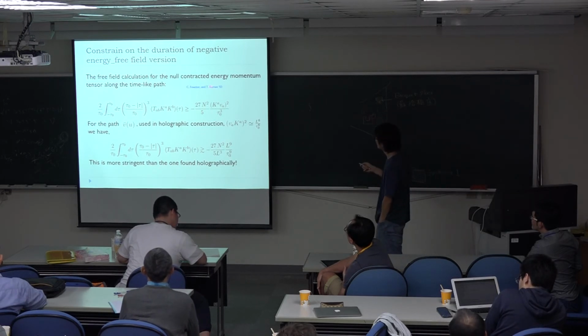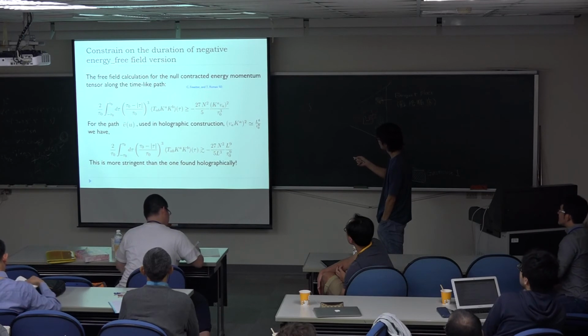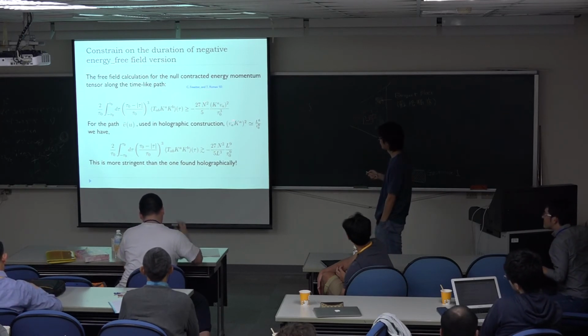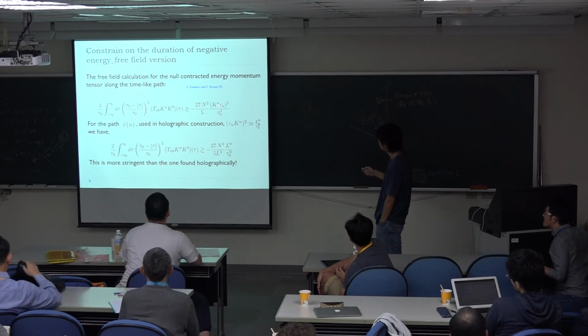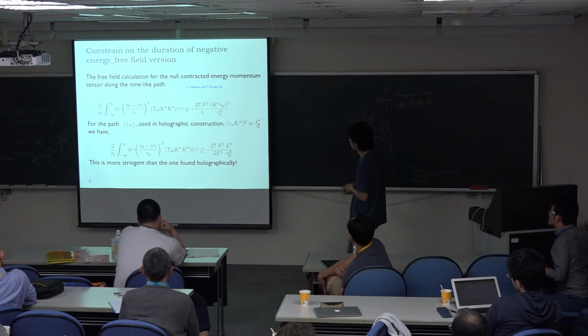It turns out that people also study this kind of null contracted energy momentum tensor along a time-like path. In this paper, they study the constant velocity time-like path, so they got this constraint. Here v is the constant velocity of the boundary path.